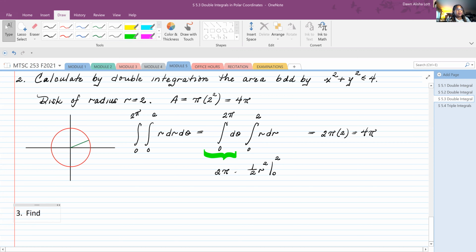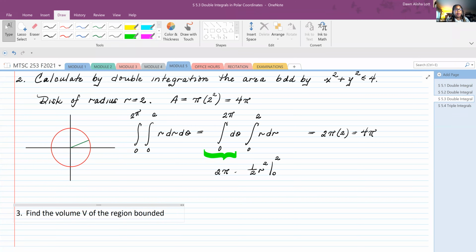Find the volume V of the region bounded above by the plane Z is equal to 4 plus X plus 2Y, and on the sides by a cylinder X squared plus Y squared is equal to 1, and below by the XY plane.